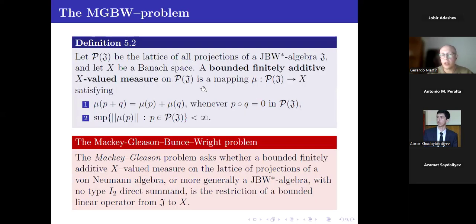Let me first define what an X-valued measure, a vector-valued measure, is.